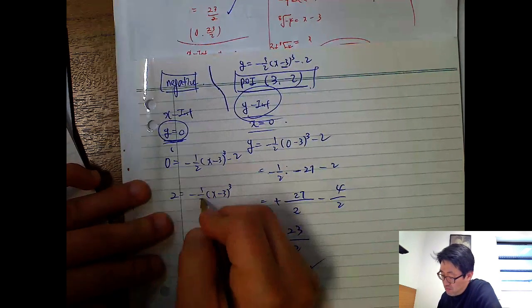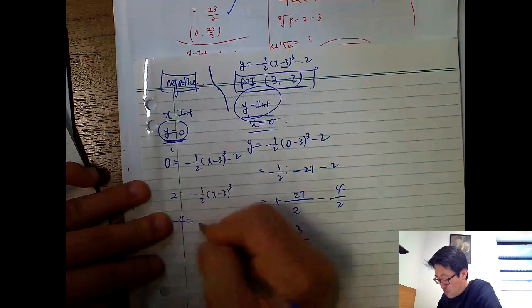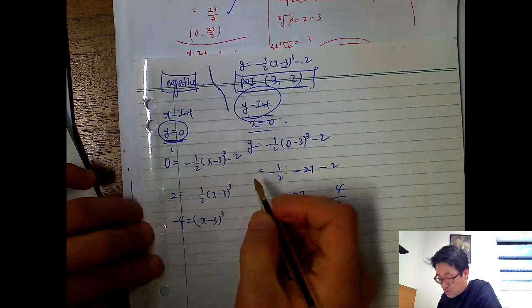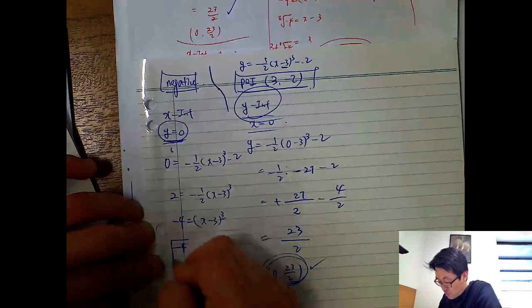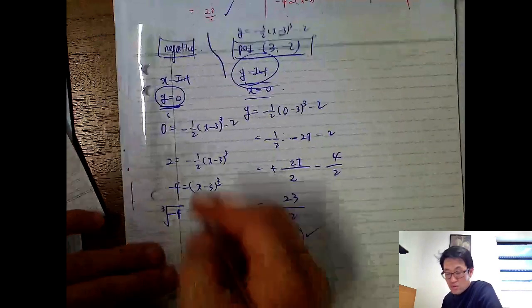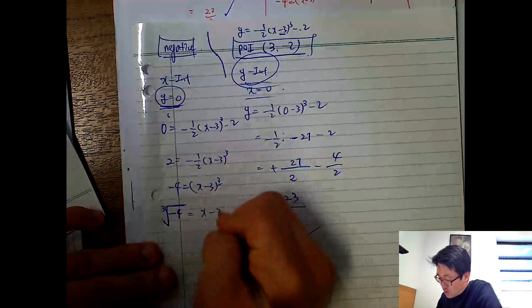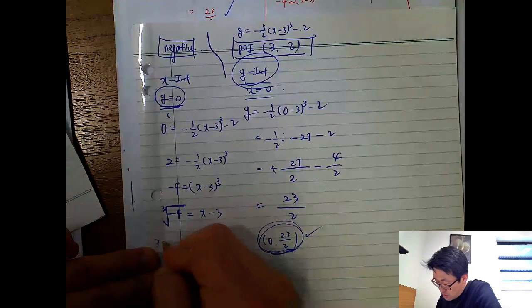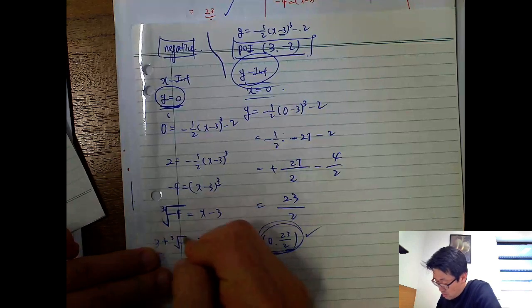Times -2, so -4 equals (x - 3) cubed. I want to get rid of the cube, so cube root of -4 equals x minus 3, and x equals 3 plus cube root of -4.